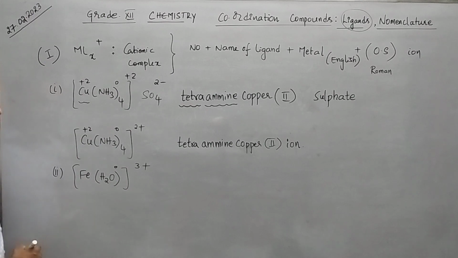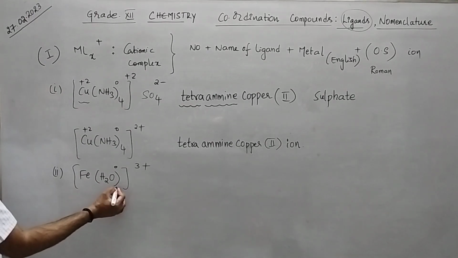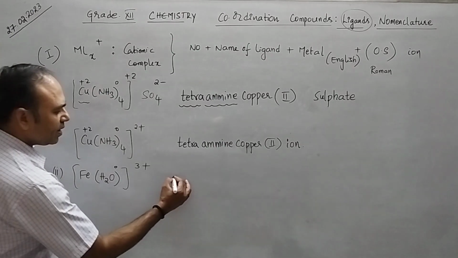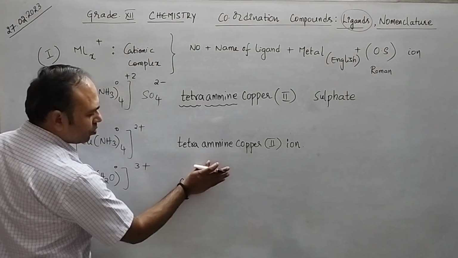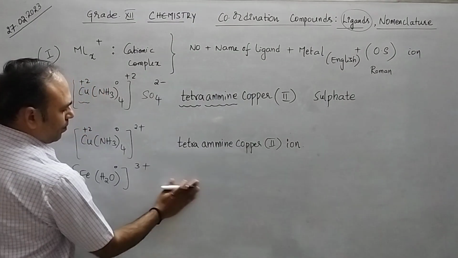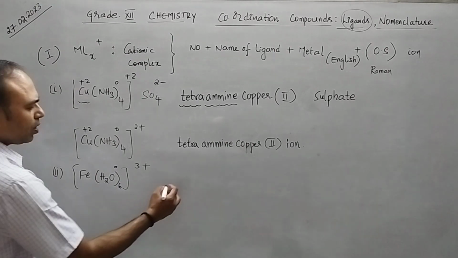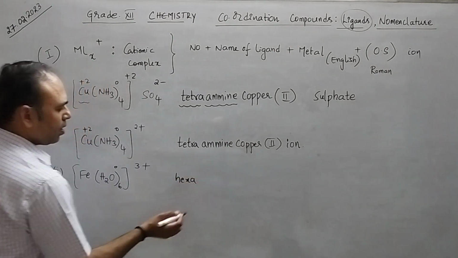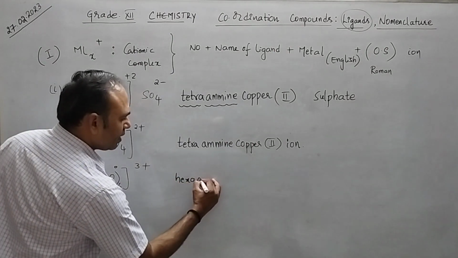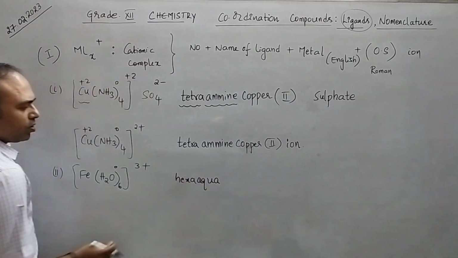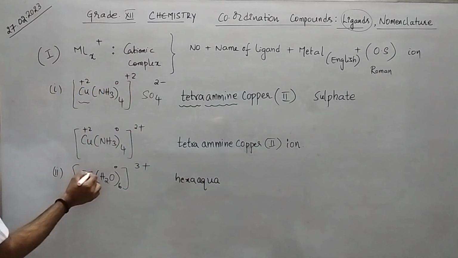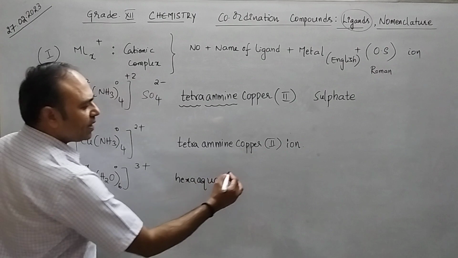Here what is the ligand? Nothing but H2O. We have 1, so we can write the number as 1. If you want, you can change this also. We can take it as 6 here. So hexa, H2O is written as aqua. So hexaaqua, and this one you take as X and calculate.